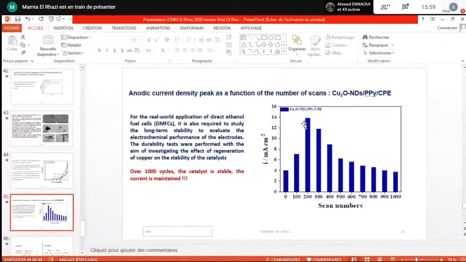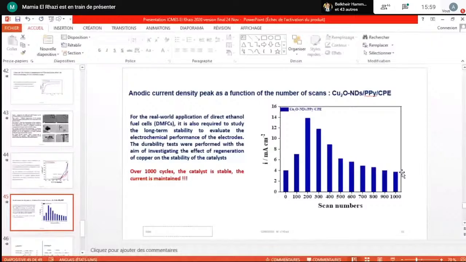We are conducting other studies using in situ infrared spectroscopy to understand what happens at the surface of the electrode.